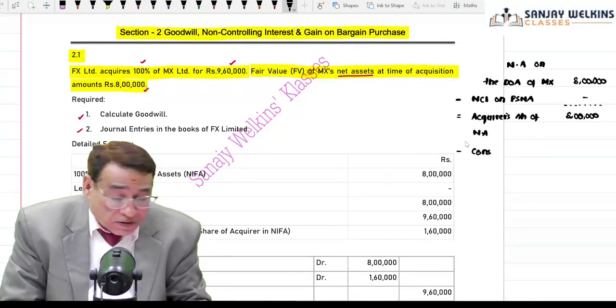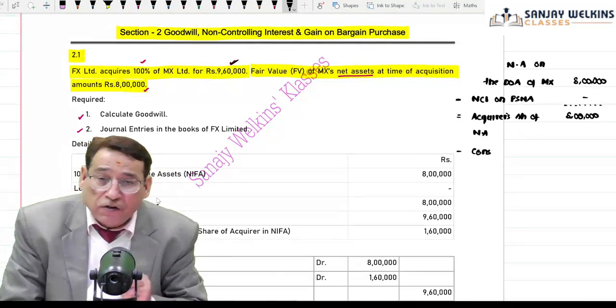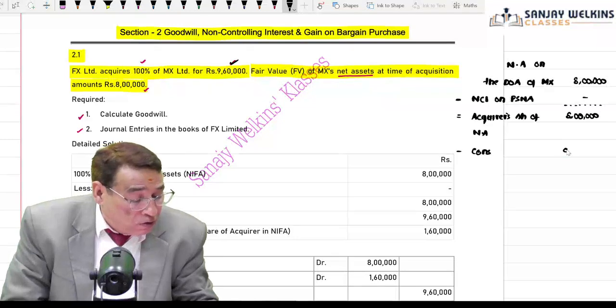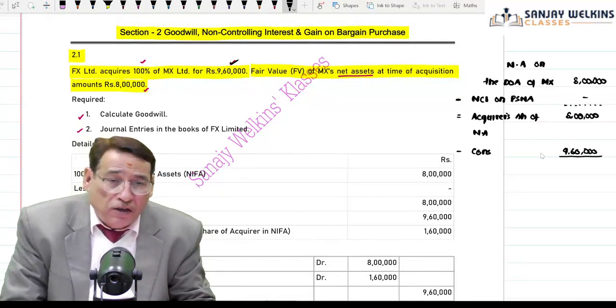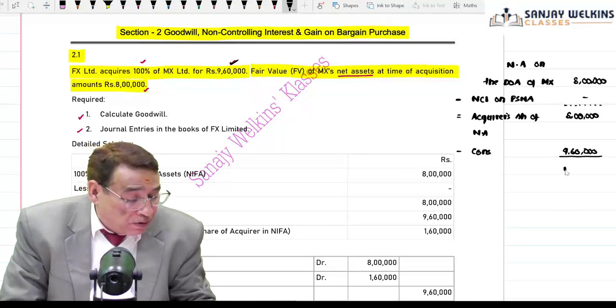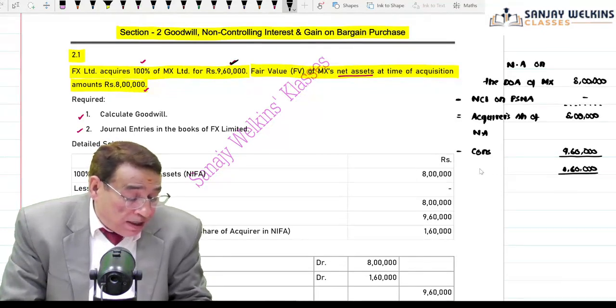As you have already seen, the consideration transferred is equal to 9,60,000. So I'm going to write here 9,60,000. And the difference will be equal to goodwill. Because the amount of consideration is more than the share of net assets, the difference will be goodwill. That is equal to 1,60,000. So 1,60,000 is the amount of goodwill.